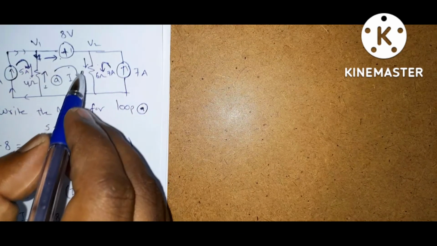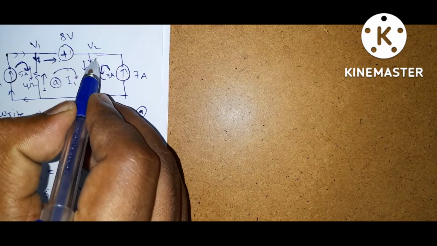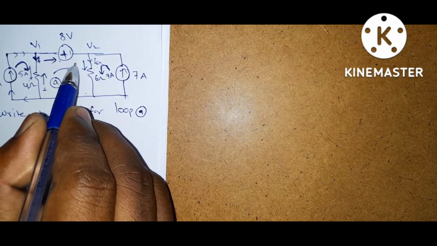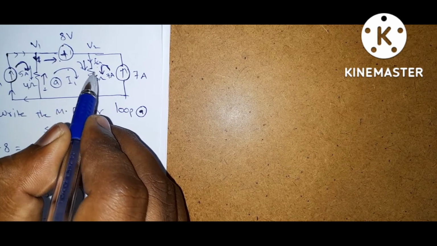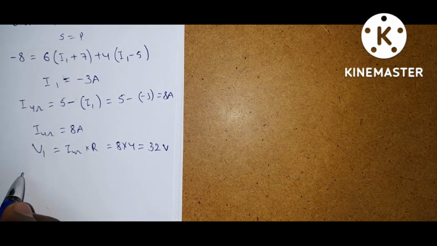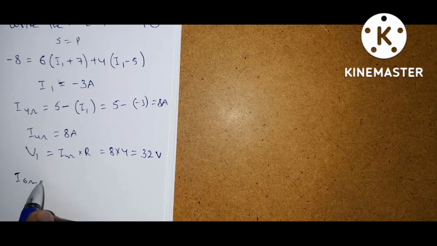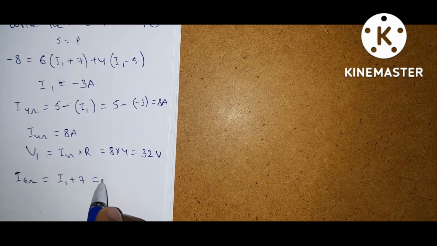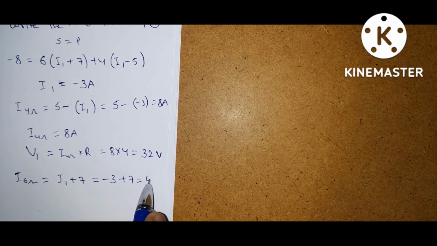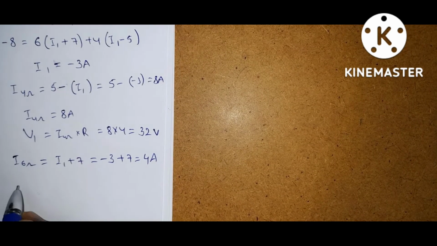Now coming to here, I6 ohm. So what is the current? This is the same direction as the I6, here also it is the same direction as the I6. So what is I6 ohm? I6 ohm is equal to I1 plus 7, that is minus 3 plus 7 is equal to 4 amps.